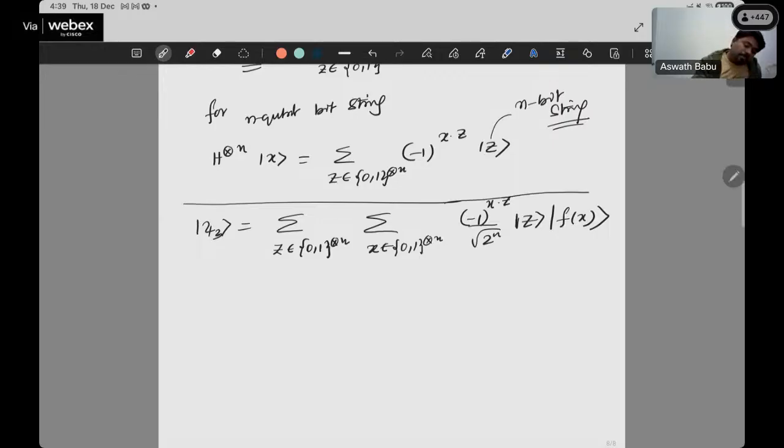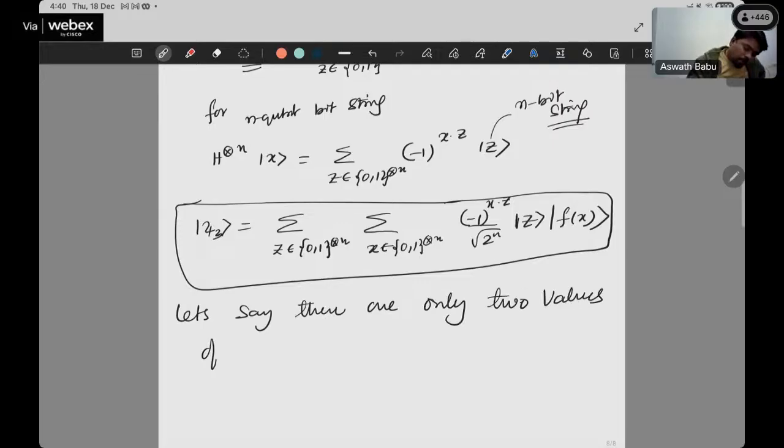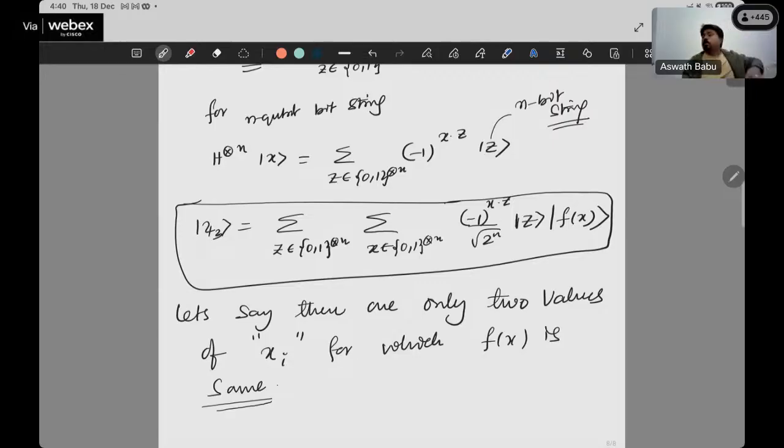Now psi 3 we will analyze, and find out what the function is. A specific case, let's say there are only two values of x for which f of x is the same.